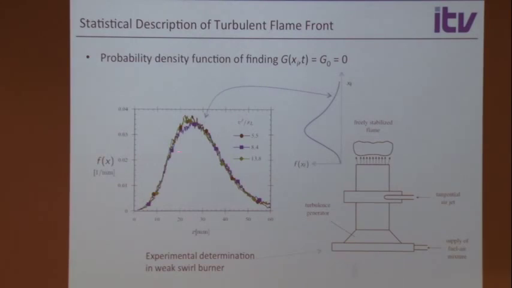And well, this here just shows some statistics that you get in a real flame. If you look at the G here as the distance from the flame. So this here is a swirl burner, a weak swirl burner. This is the burner of Robert Cheng at Berkeley.